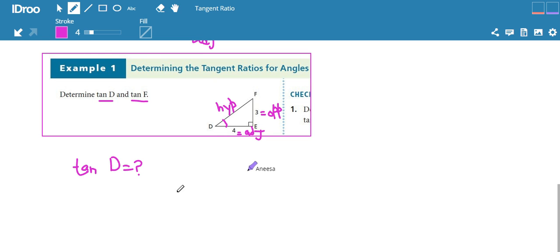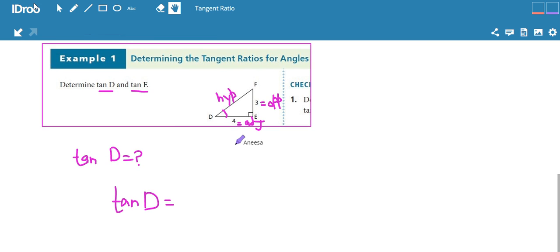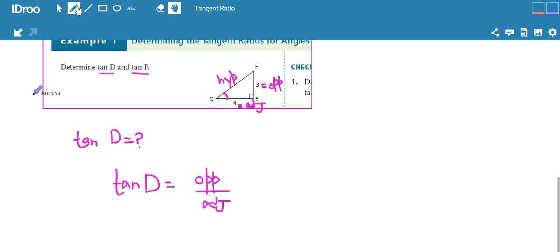Now we would use the formula for tangent D. What is the formula? It's tan equals opposite over adjacent. So we're going to put the values of opposite and adjacent here. The value of opposite is 3, and the value of adjacent is 4.